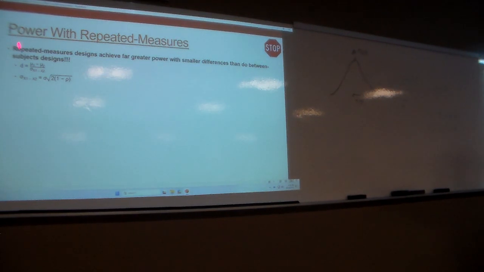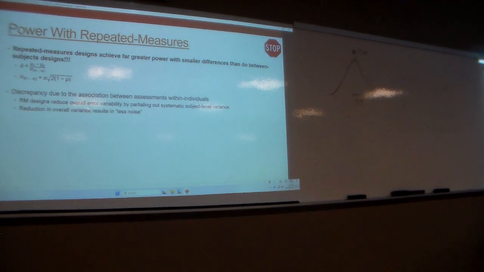So again, we're using this corrected standard deviation in order to calculate this effect size estimate that doesn't have a ton of value in terms of just telling people what's going on, but it gives us the proper calculations for determining the power of our tests, okay? And this discrepancy is a function of assessment within individuals, right?